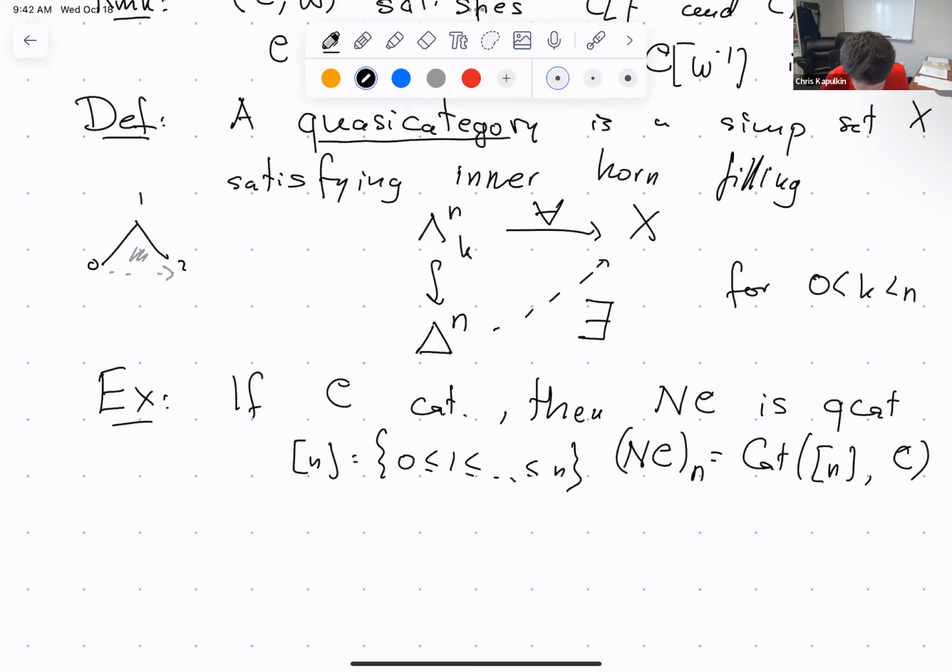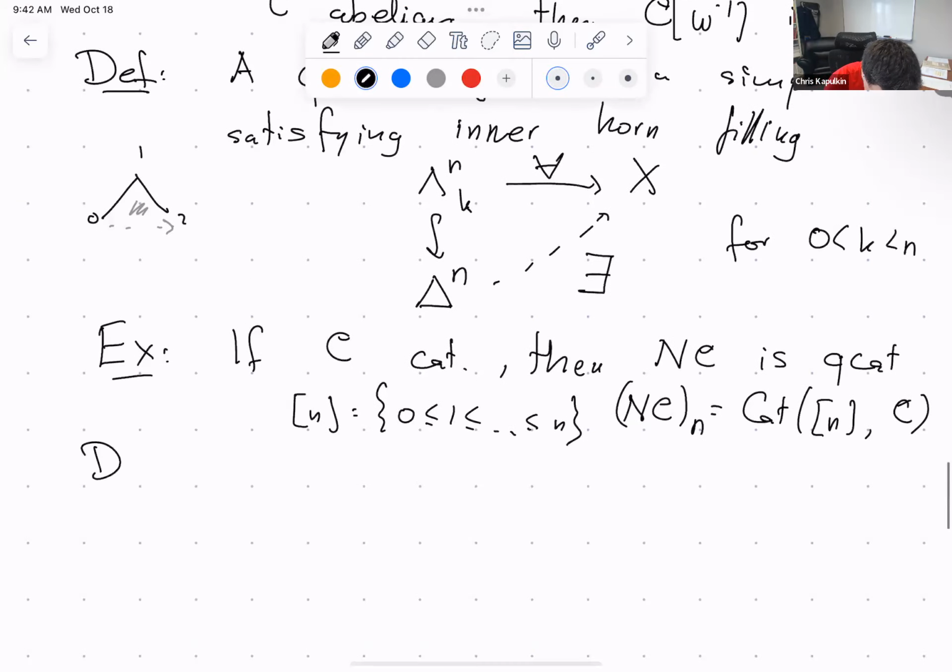Okay, cool. So with that, we can now define a marked quasi-category.